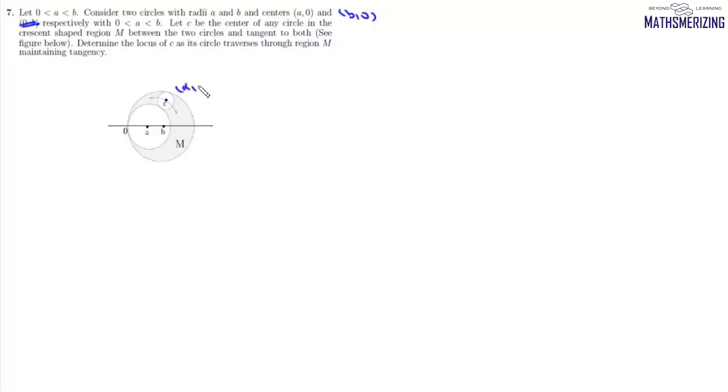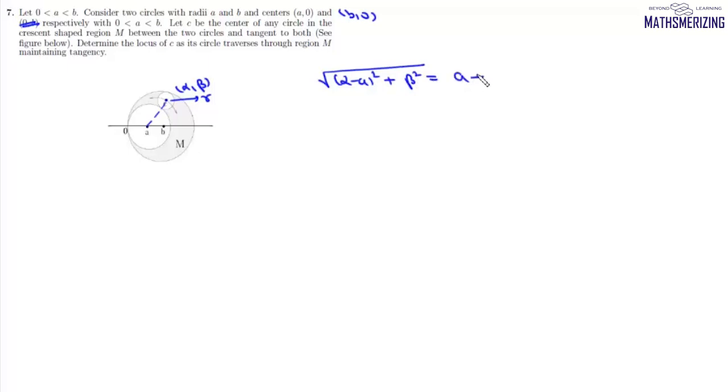We'll take this point as (alpha, beta), and let the variable radius of this circle be r. Now these two circles touch each other externally, and if they touch externally, then we can write under root of (alpha minus a) whole square plus beta square will be equal to R1 plus R2.